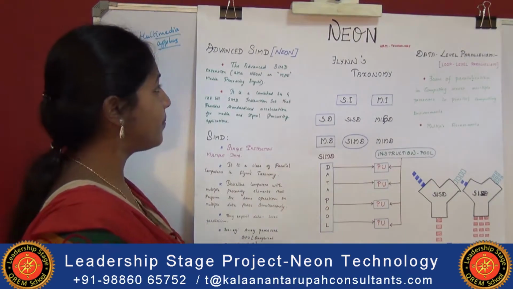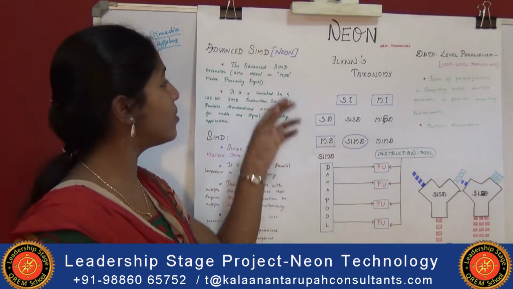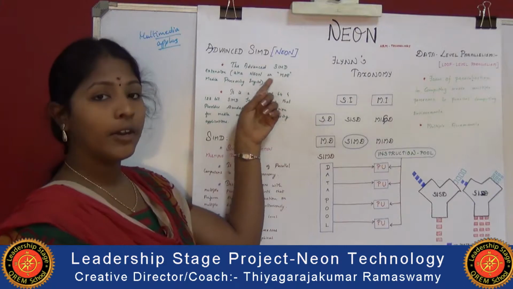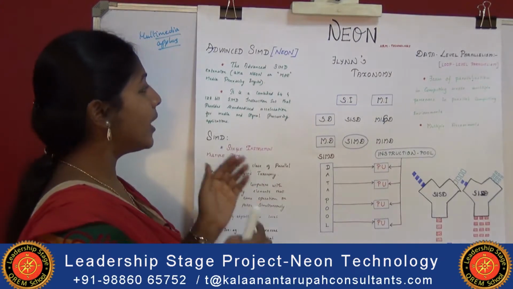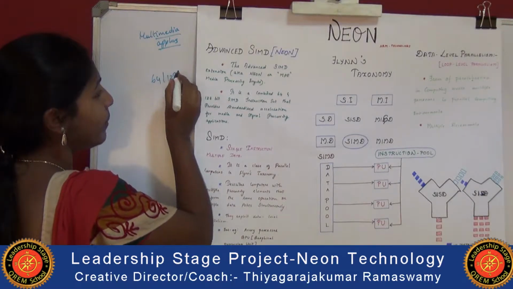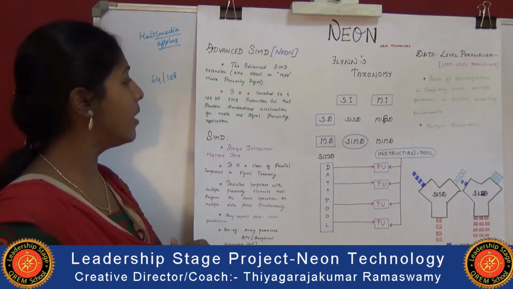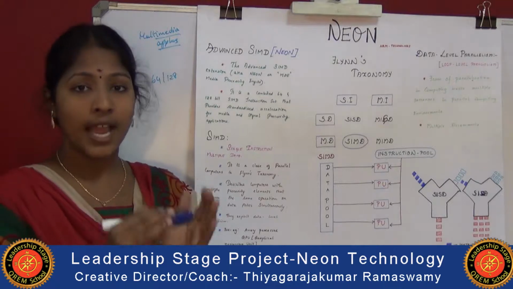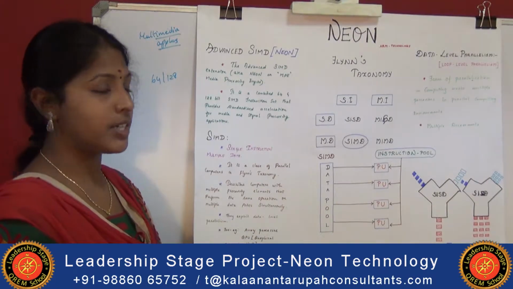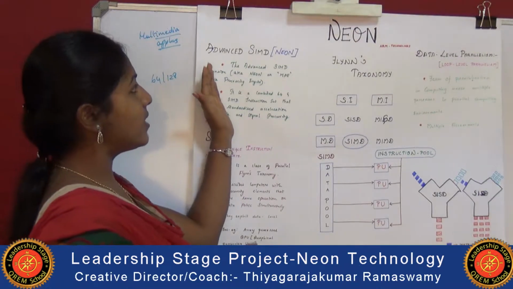Advanced SIMD is also known as NEON. This extension is otherwise known as NEON or the media processing engine. As I said earlier, it is a combined 64 or 128 bit SIMD instruction set. It provides standardized acceleration for media and signal processing applications. That's about Advanced SIMD.